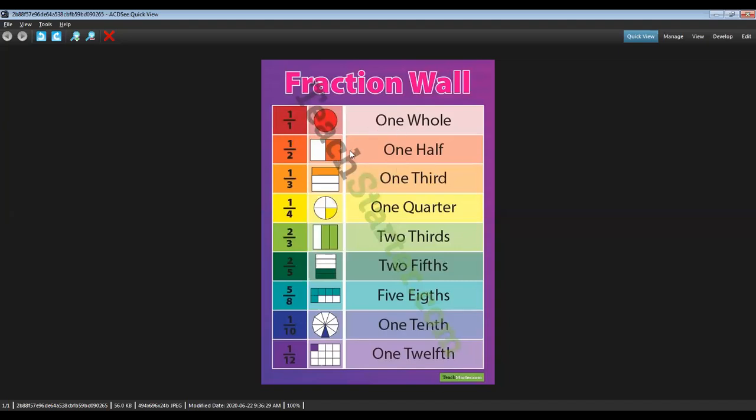It is a whole 1, and a half is written like that. So he colored one part out of 2. Here a quarter, you know it. 2/3 is 2 in the numerator and 3 in the denominator. So he colored 2 parts out of 3 equal parts. Okay, so we will do just like that.